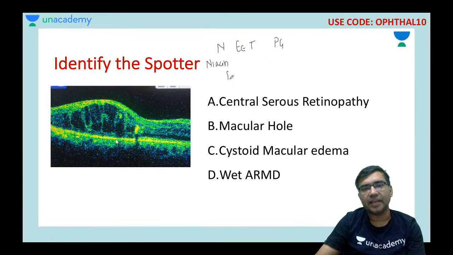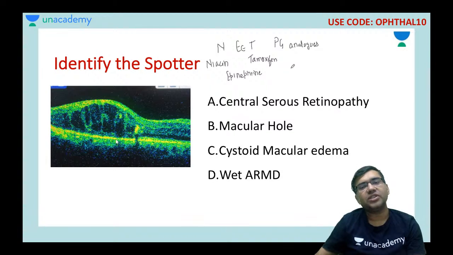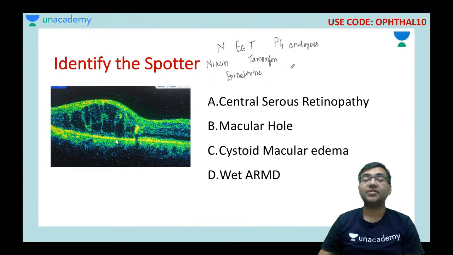EE goes with epinephrine. T goes with tamoxifen. And PG goes with PG analogs. Okay, so these are a few important drugs which can cause a cystoid macular edema.